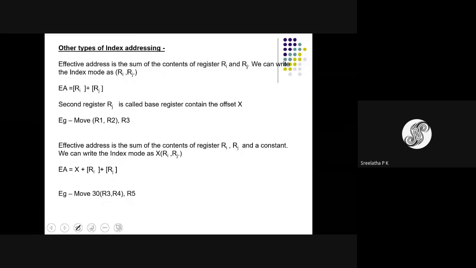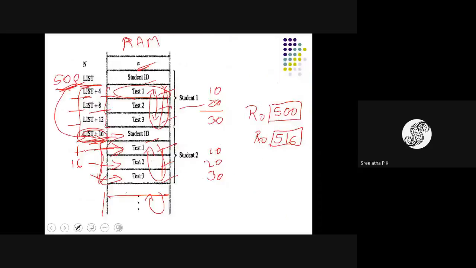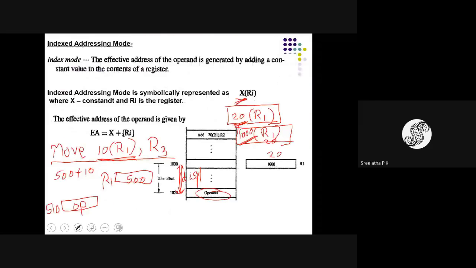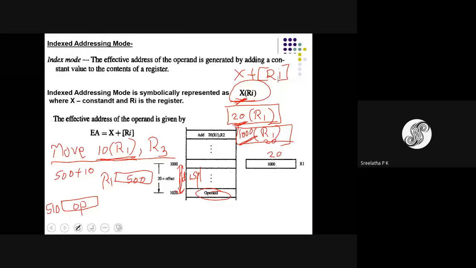Now, indexed addressing: you have seen what indexed addressing is. This is the symbolic representation of indexed addressing. Whatever is there in X is added with the content of the Ri register, and that is the effective address.